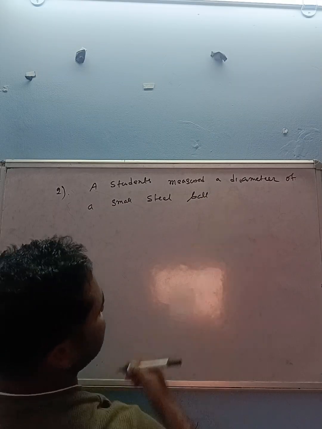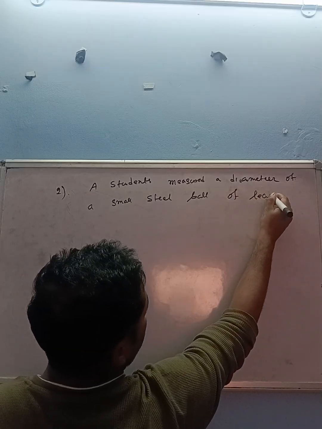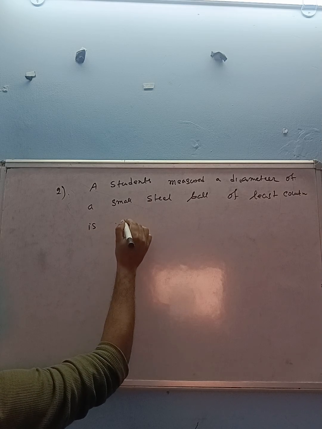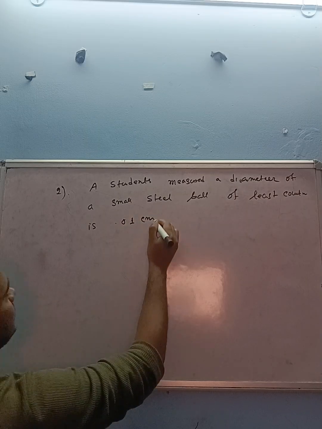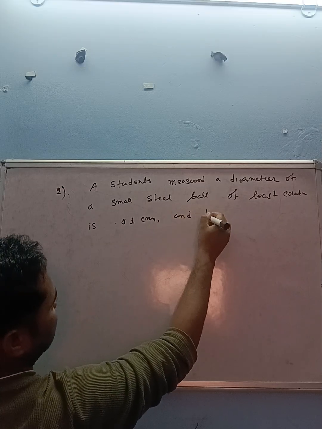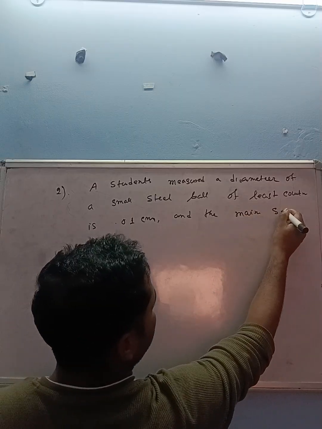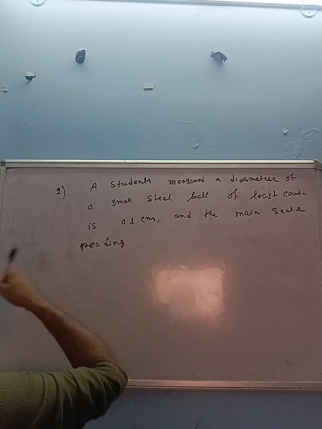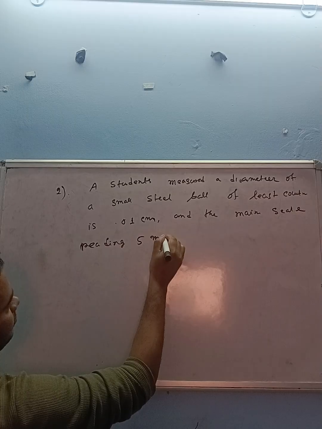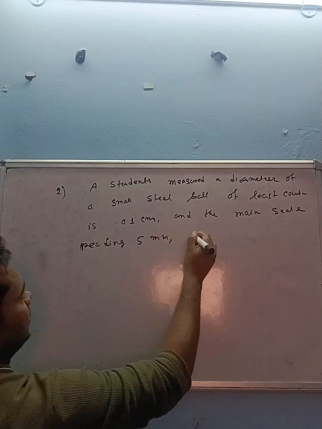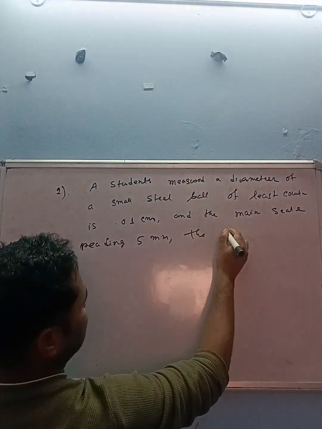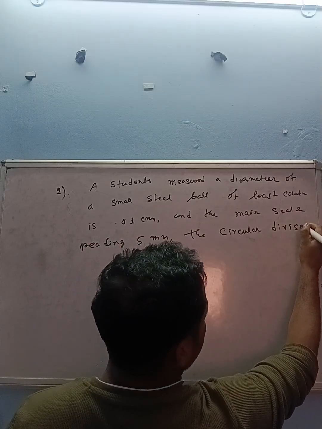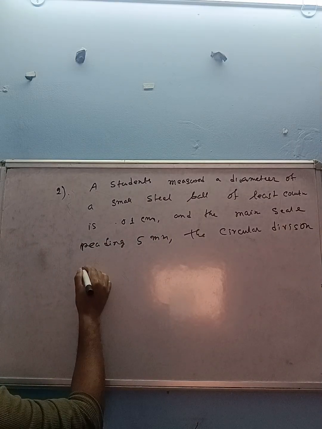The least count is 0.01 centimeter, and the main scale reading is 5 mm, and the circular scale division 25 coincides.